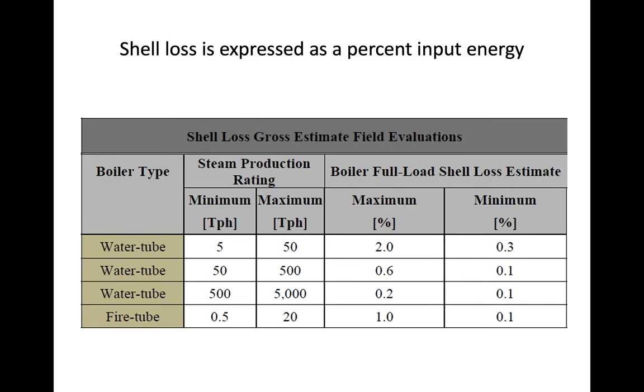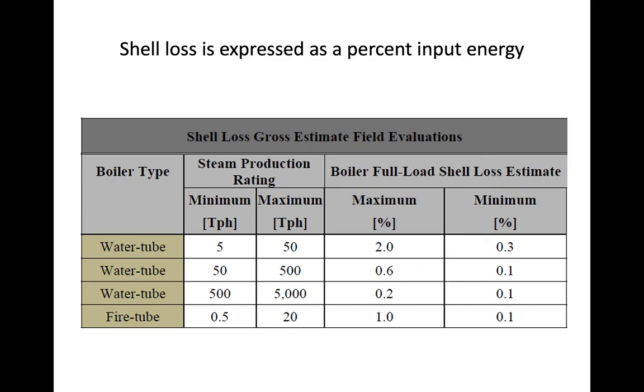Here in this table are some examples of shell loss, a gross estimate for field evaluation. It depends on boiler type. In this table there are four types of boilers, water tube boilers and fire tube boilers. It also depends on steam production rating, or boiler capacity.